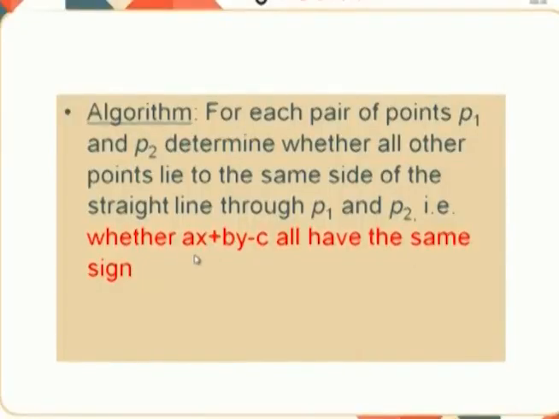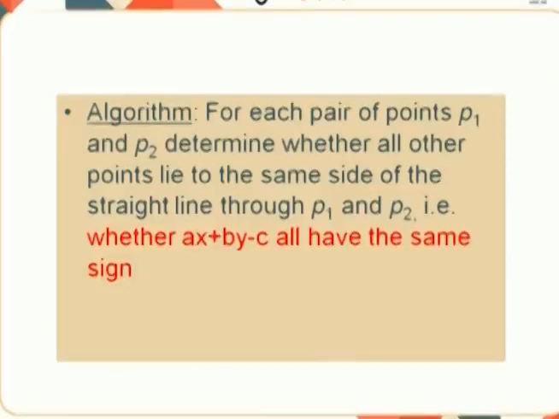I find the pair of points P1 and P2, and I determine whether all the points are on the same side or not. In other words, I check whether ax + by minus c has the same sign or not.